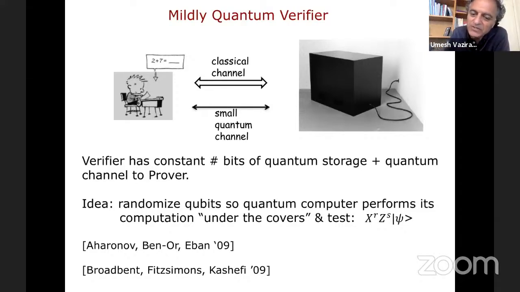Since the quantum computer doesn't know how these qubits are encoded, it really doesn't have a possibility of deviating from the protocol. So you enforce the qubit structure by virtue of the fact that the qubits have been encoded, and the prover doesn't dare to deviate from the qubit structure because it doesn't know what the qubits actually look like under the covers.